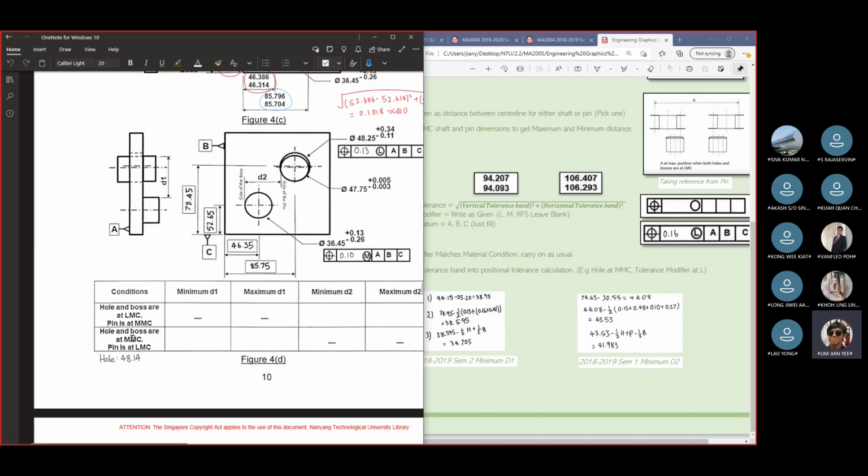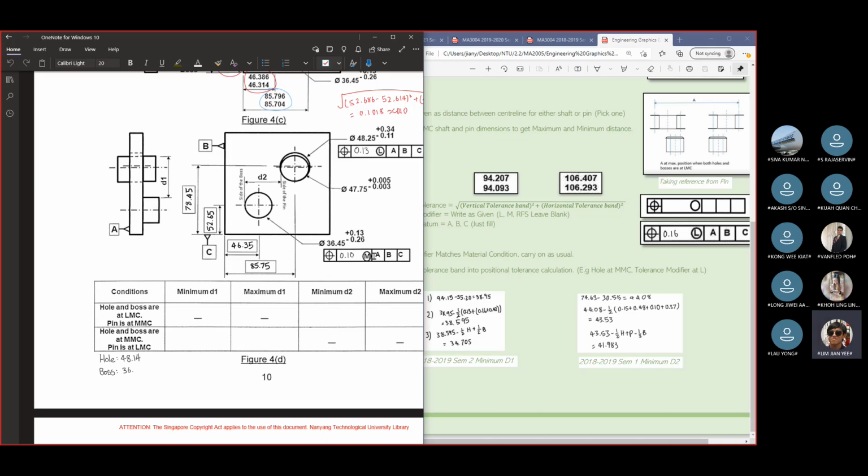Okay, now for the boss. The boss is at MMC. You can think of a boss as a shaft. So maximum boss is just 36.45 plus 0.13, which goes to 36.58.